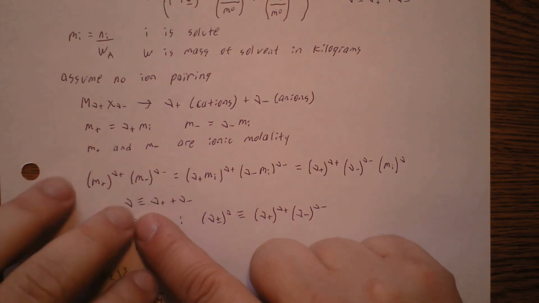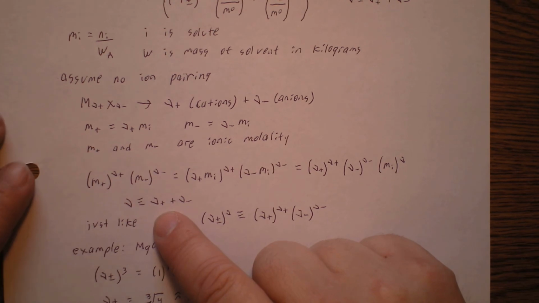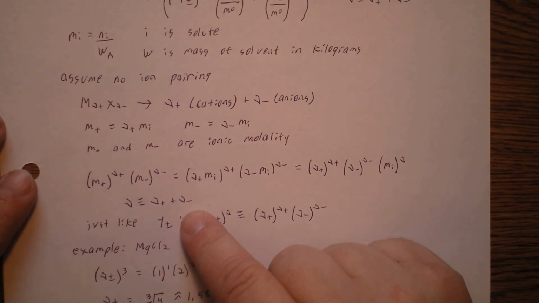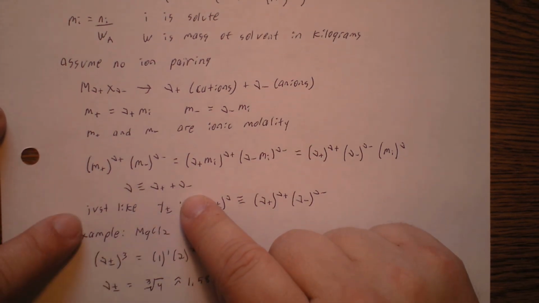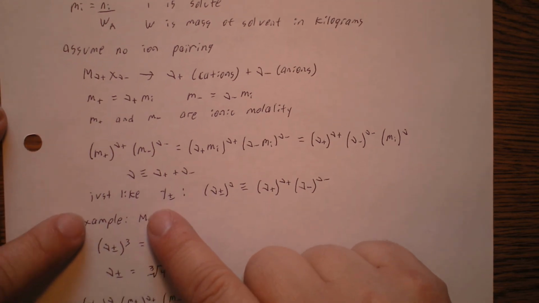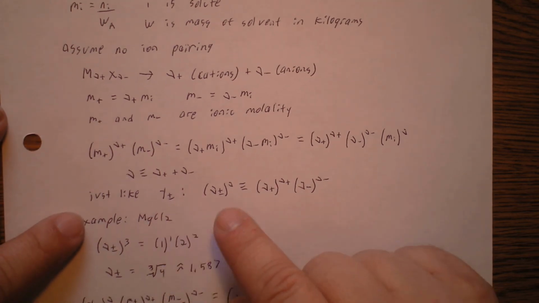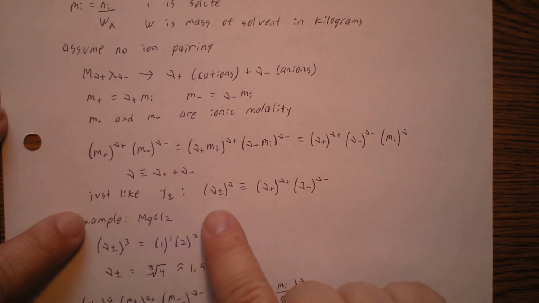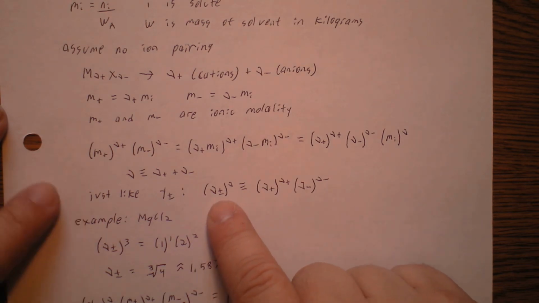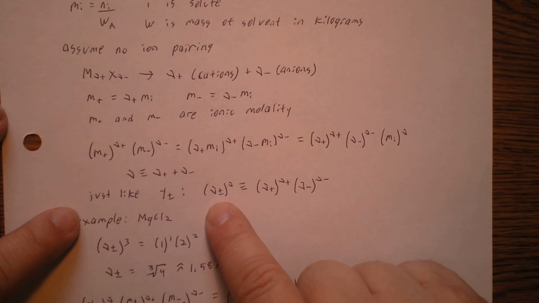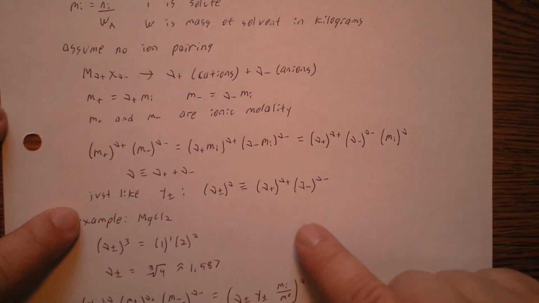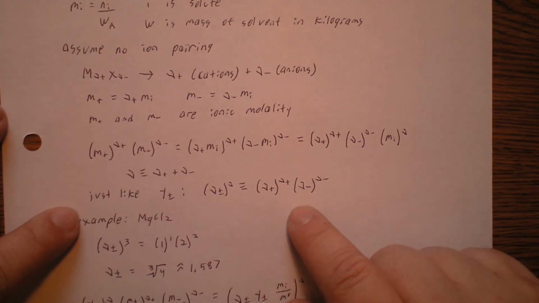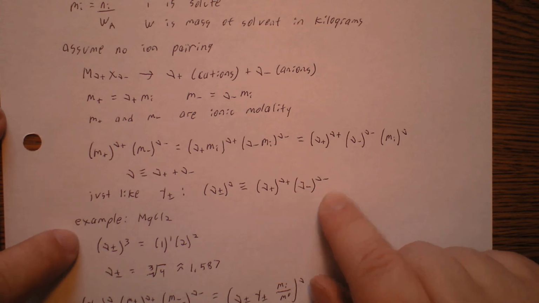So the overall coefficient is going to be built from the coefficient of the cations and the coefficient of the anions. So that's just like when we had the gamma plus minus. So now we have nu plus minus to the nu defined as nu plus to the nu plus times nu minus to the nu minus.